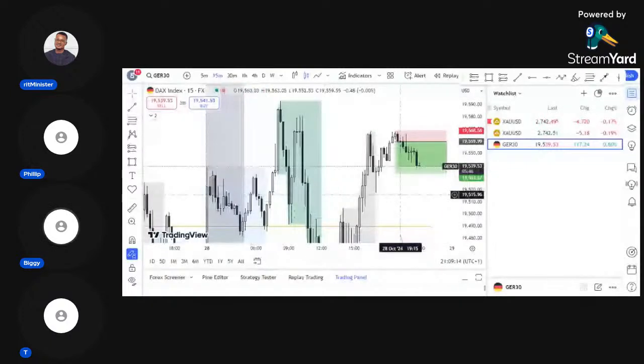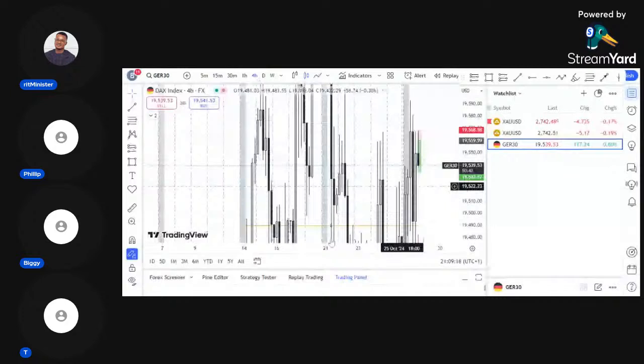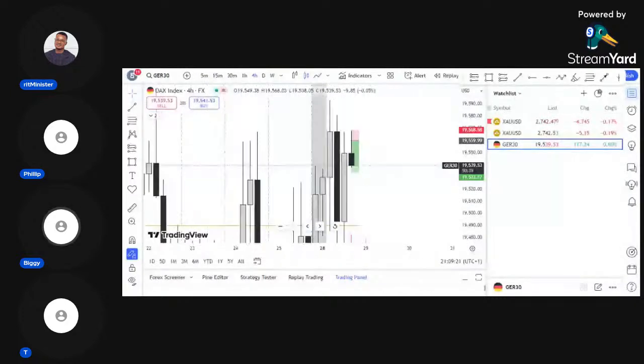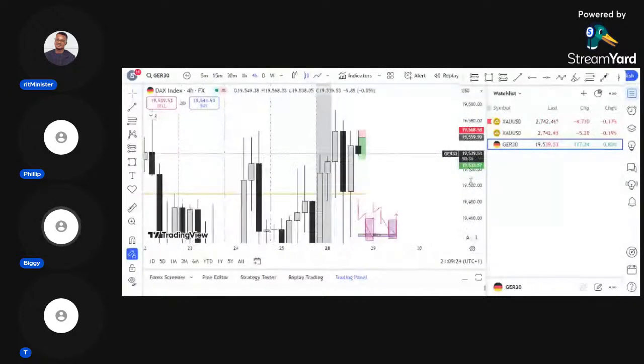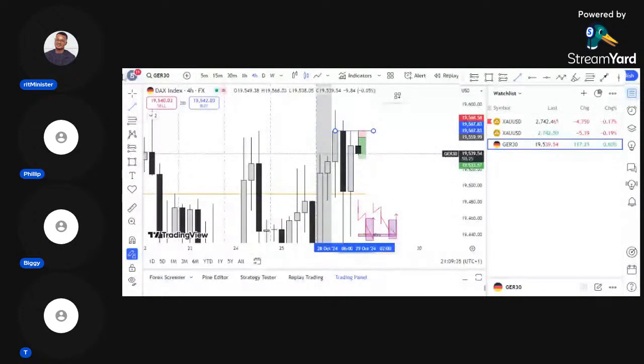Looking at the 4 hours, just for example purpose, I have an LMZ zone here. This point, I have an LMZ zone at this point. I have an LMZ zone.